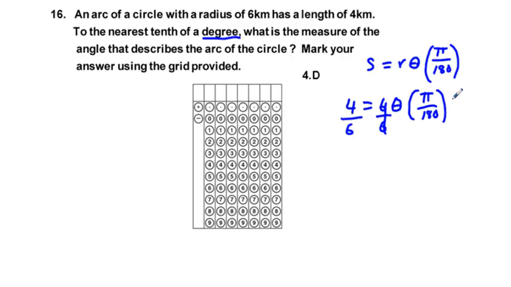And then we can multiply also by the reciprocal of pi over 180, which is 180 over pi. So on the other side, we're going to multiply by 180 over pi. So 180 over pi times 4/6 is going to isolate. See, this cancels here on the right. So 180 over pi times 4 over 6.